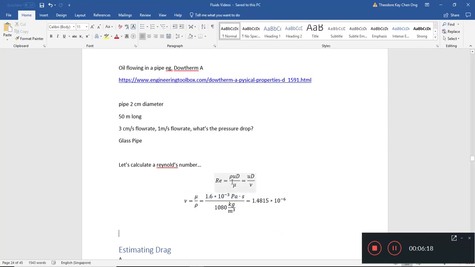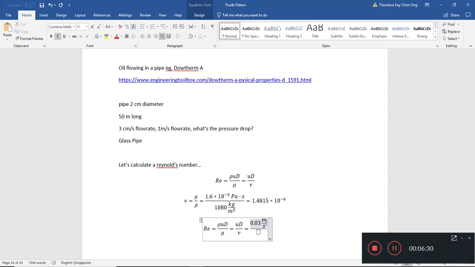Okay, so let's calculate the Reynolds number again for the first case, U times D. What's U? U is 0.03 meters per second, times D. D is 2 cm, so 0.02 meter, over 1.4815 times 10 to the minus 6.